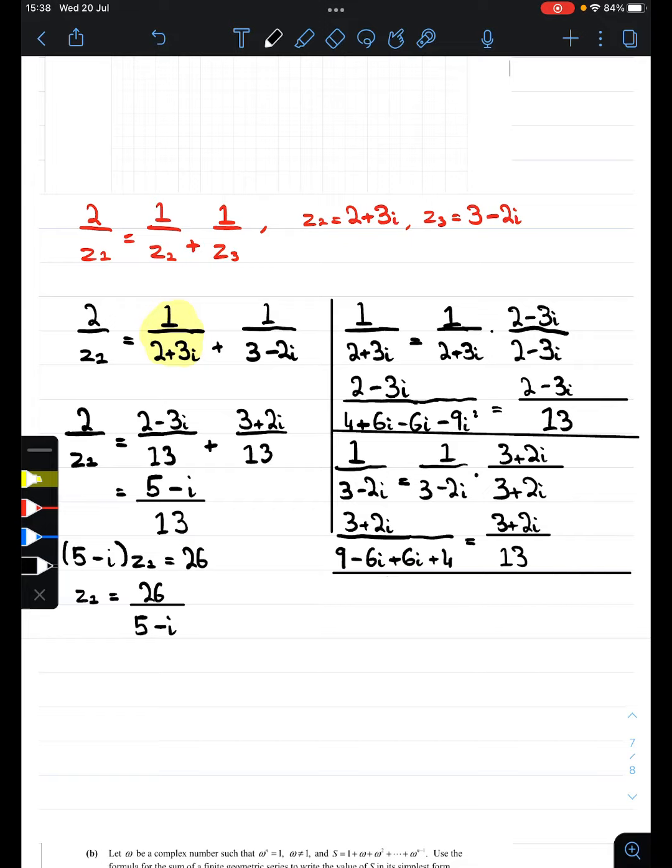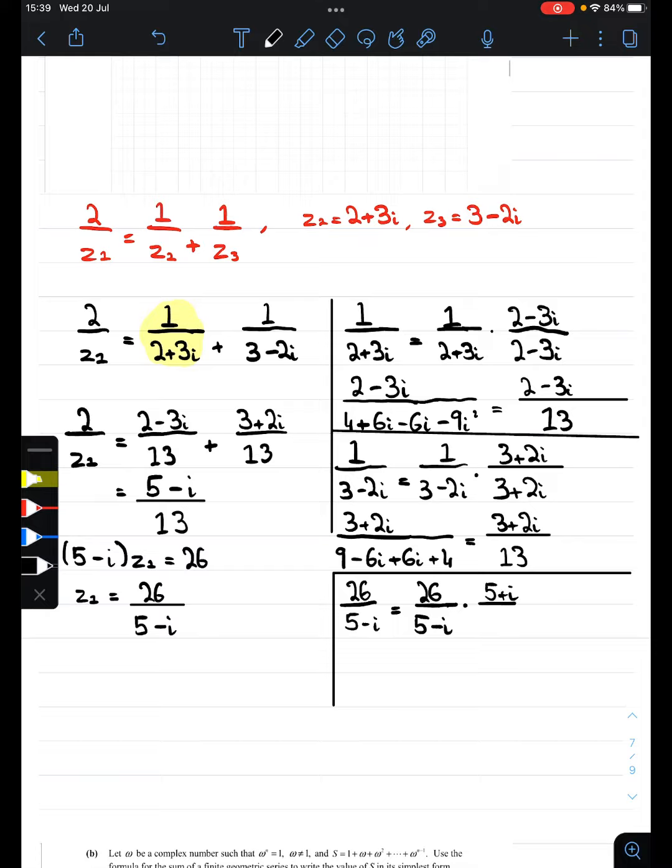And now we can do the same sort of thing as we've just done to write 26 over 5 minus i. So 26 over 5 minus i is equal to 26 over 5 minus i, and multiply by the conjugate top and bottom, so 5 plus i.